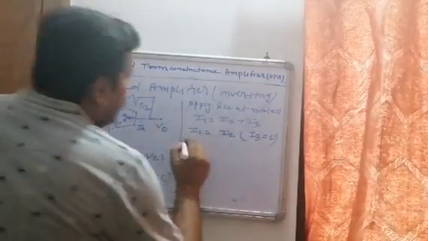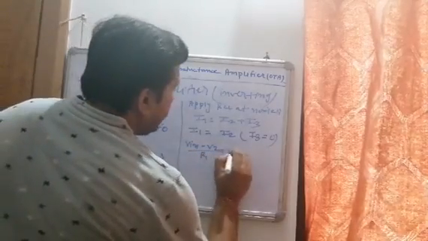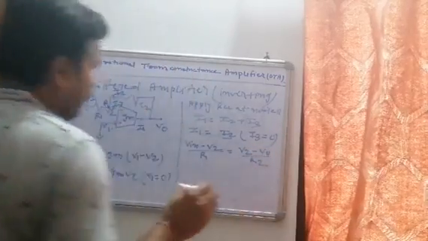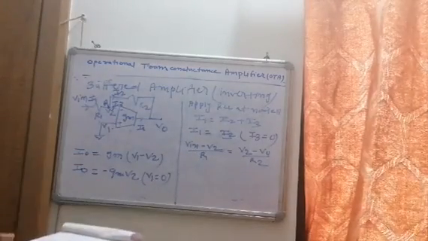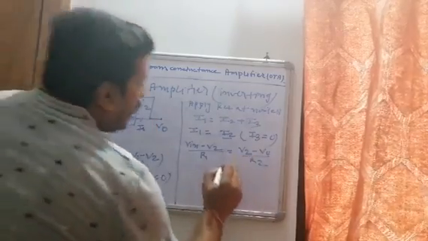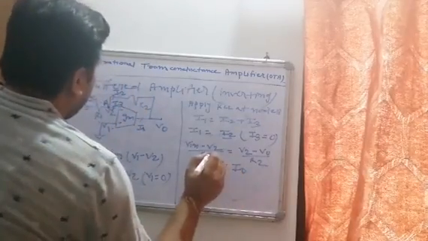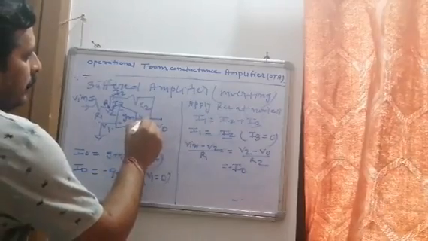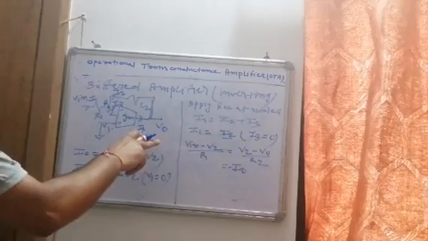We can write I1 as V in minus V2 divided by R1 is equal to I2, which is V2 minus V naught divided by R2. And this is equal to current minus I naught, because output current is I naught and this current will flow only in this loop because we have no applied output resistance.